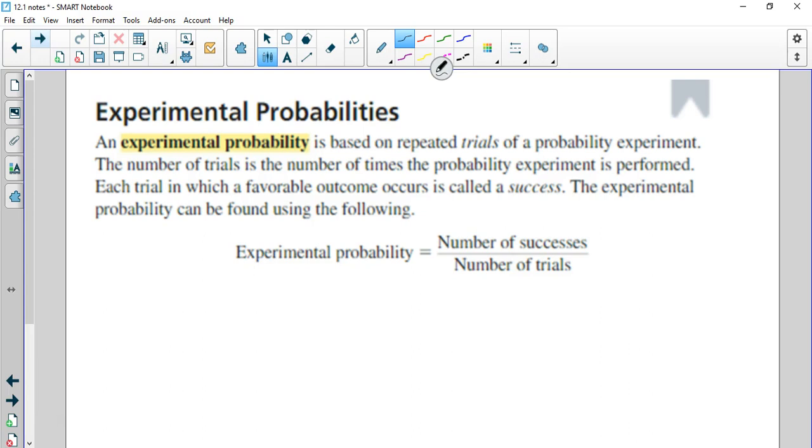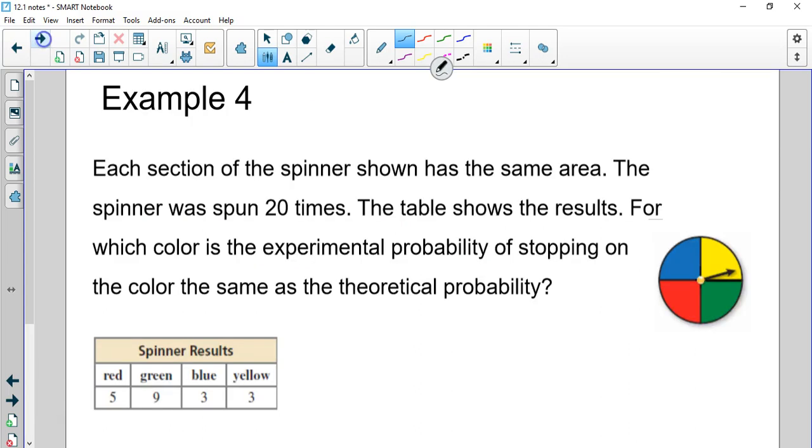Each trial that is favorable, that we're looking for, is a success. The experimental probability is the number of successes over the number of trials. Think about a test. If you took a 75-point test and you got 72 of them, 72 were successful. You can write that as a fraction, a decimal, or a percent.